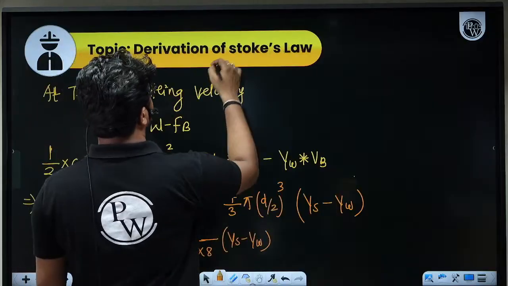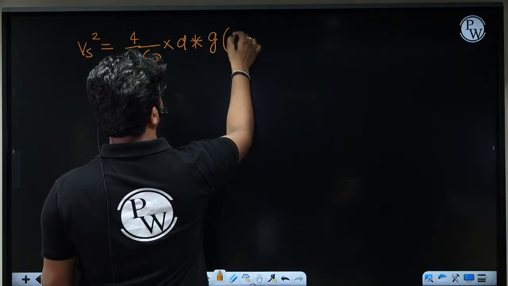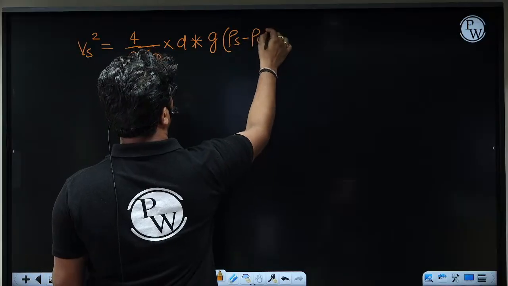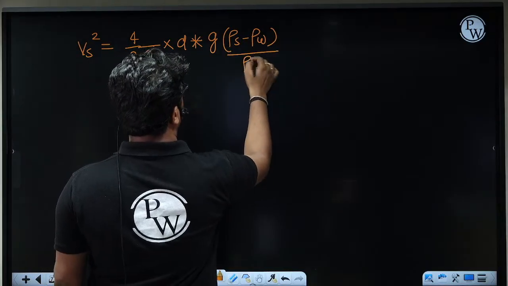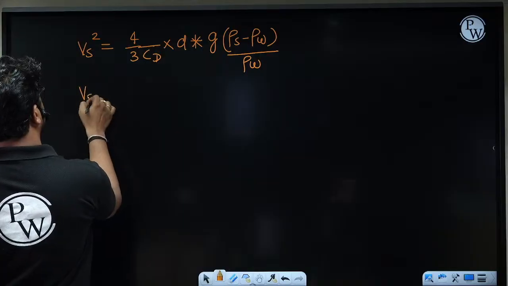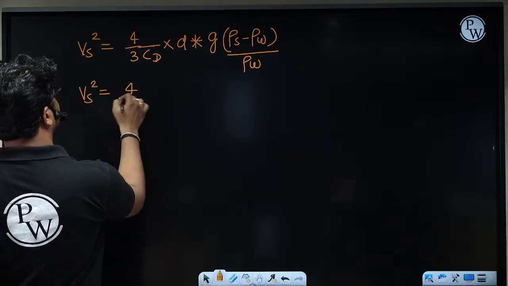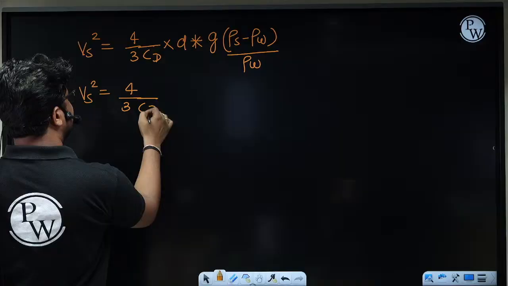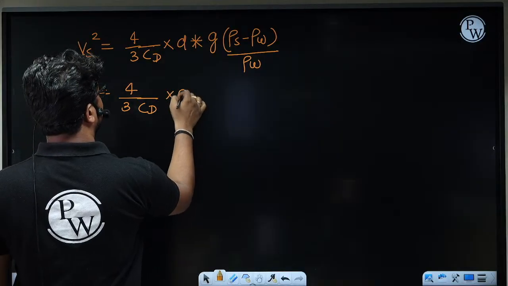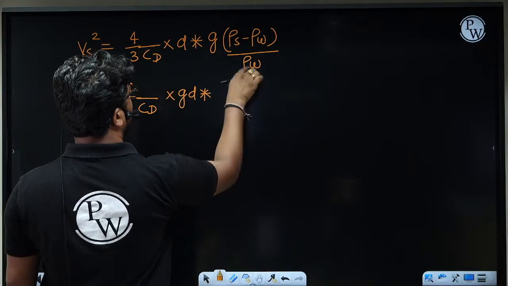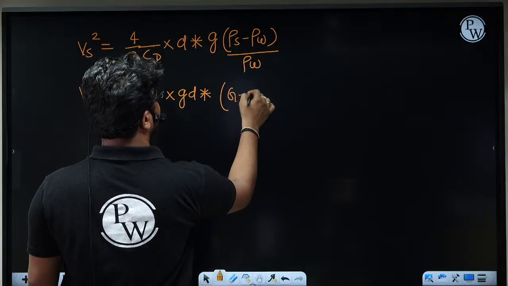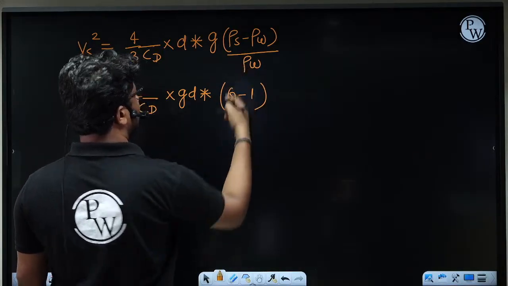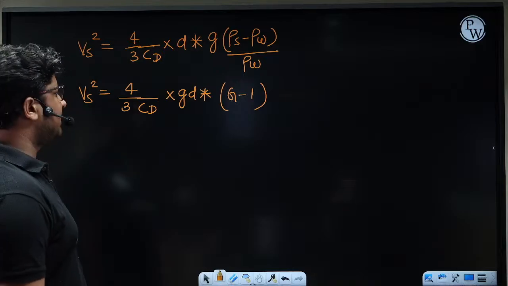I can take G common. So this will become rho s minus rho w divided by rho w. So the equation I got, Vs square is equal to 4 by 3 CD into GD into G minus 1. Rho s upon rho w is specific gravity, so I'm writing G minus 1.